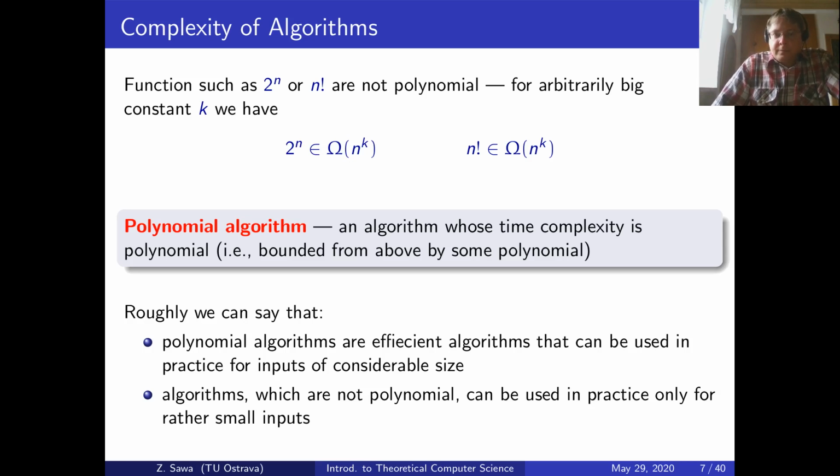We call those algorithms whose time complexity is polynomial, polynomial algorithms, if their complexity is bounded from above by some polynomial.